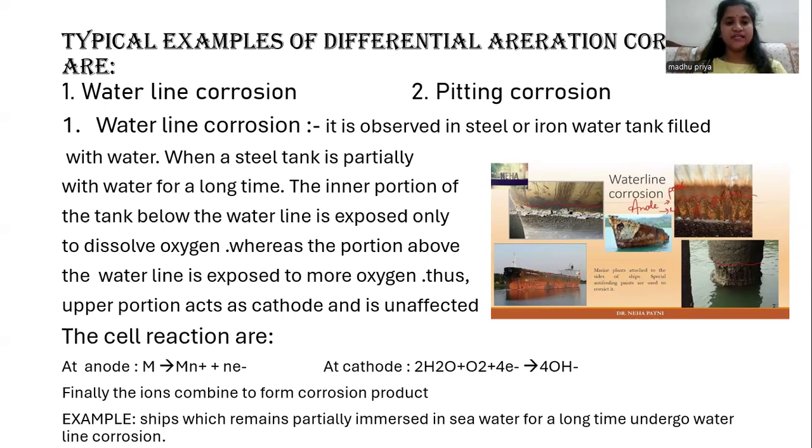The cell reactions are: at anode, M gives Mn+ plus ne-; at cathode, 2H2O plus O2 plus 4e- gives 4OH-. Finally, the ions combine to form the corrosion product. Example: ships which remain partially immersed in seawater for a long time undergo waterline corrosion.